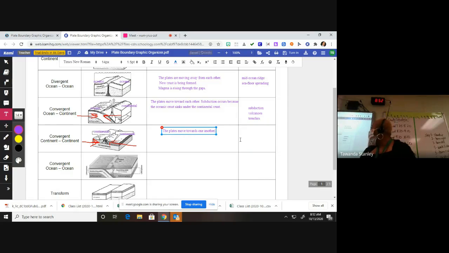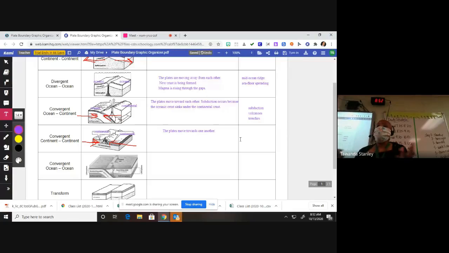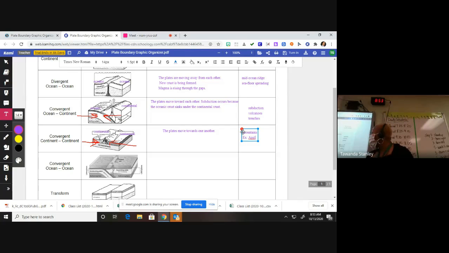All right, some examples of this are going to be mountains. Now, if you want to put some specific mountains, you could put example Appalachian mountains.